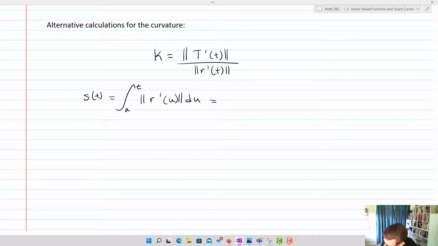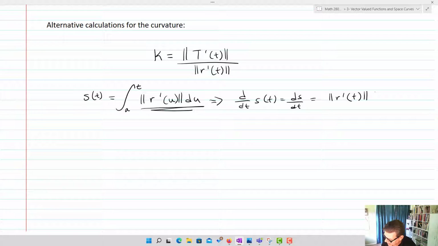And if we take the derivative of that, d/dt of s of t, which is ds/dt, using the fundamental theorem of calculus, that's going to end up being the magnitude of r prime of t, assuming a is less than t. So it's just the magnitude of r prime of t.